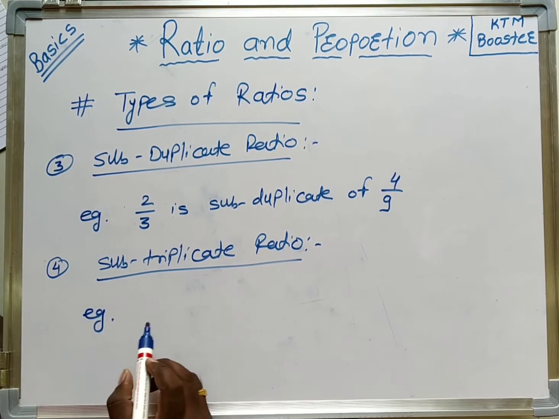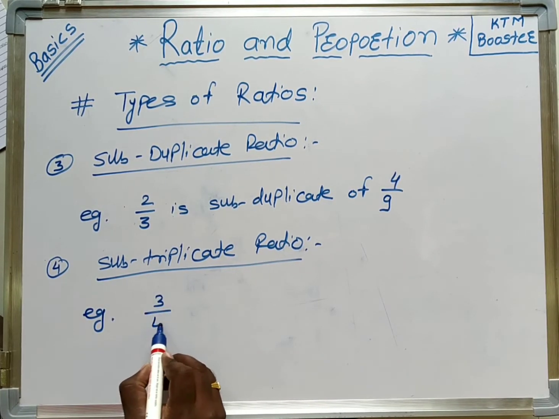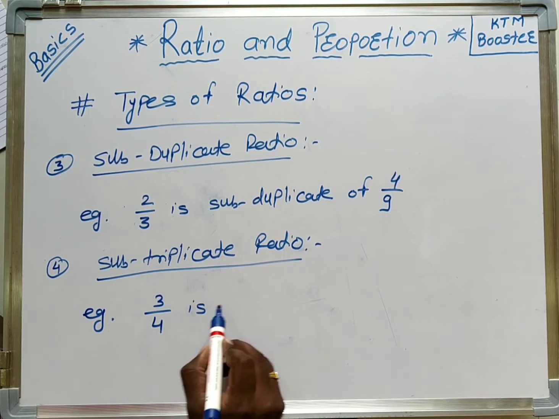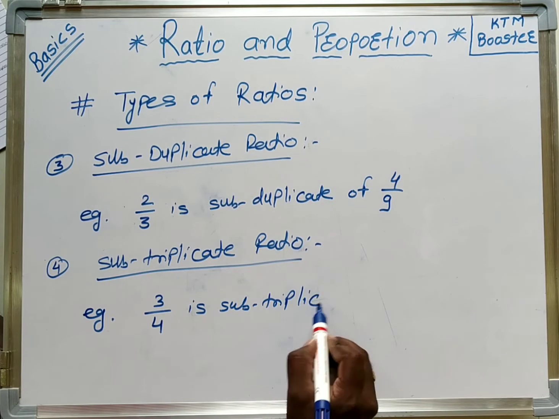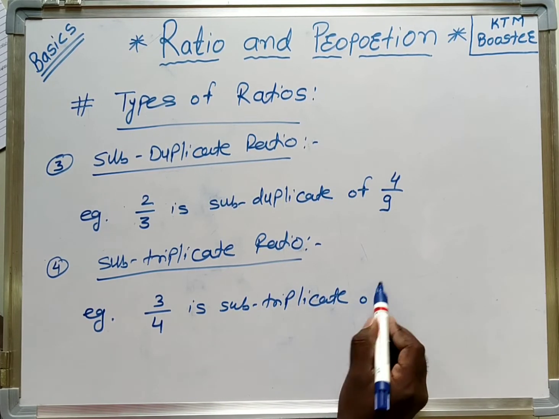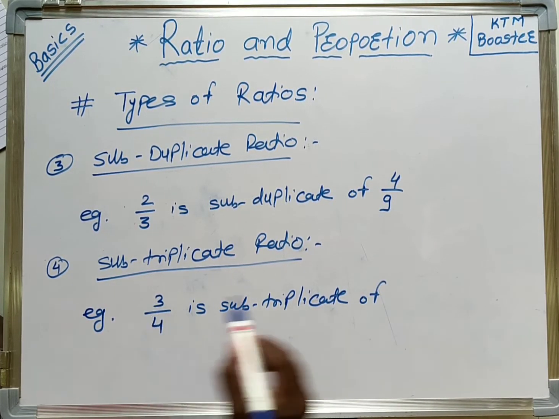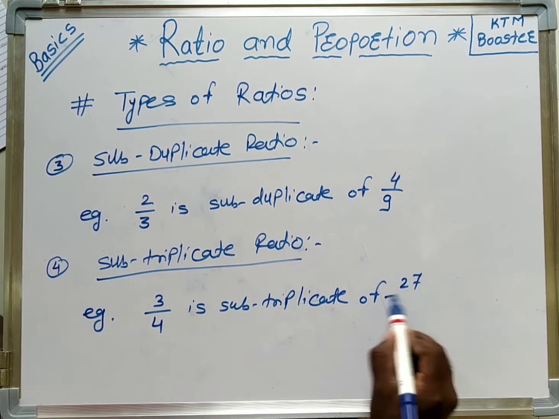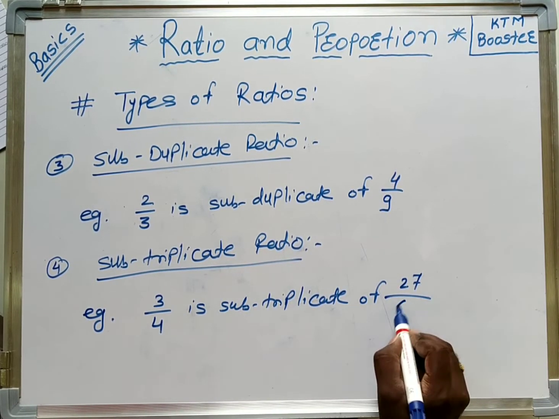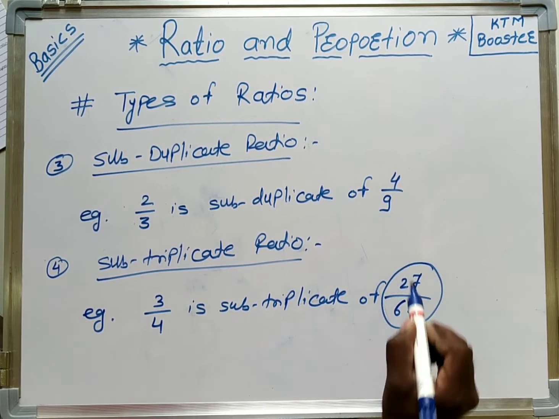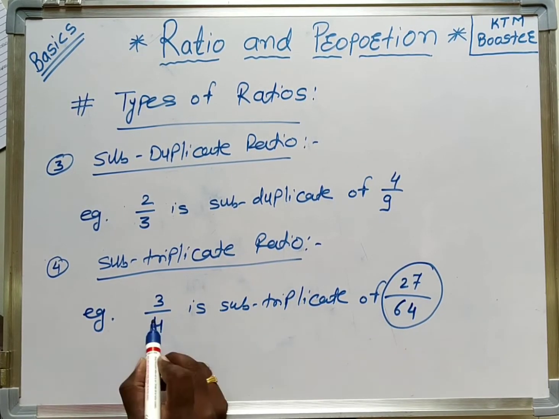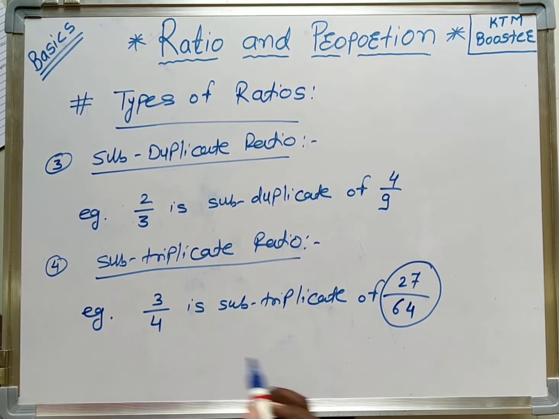For example, 3 by 4 is the subtriplicate of what? What is the cube of 3? That is 27. What is the cube of 4? That is 64. The subtriplicate of 27 upon 64 is what? 3 by 4.